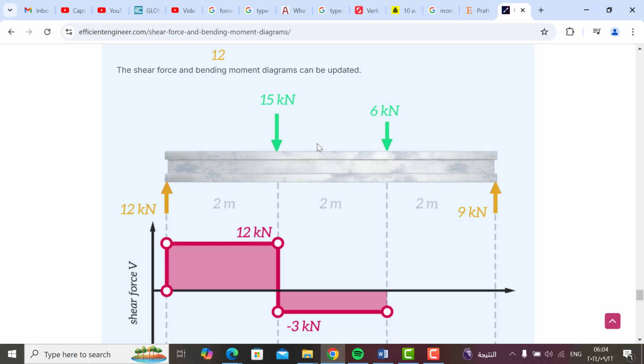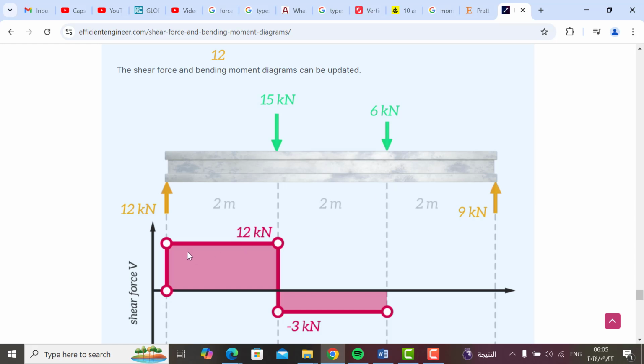Okay, so the bending will go down because this is a slope. So we calculate here at this point 3 kilonewton until here. So we will calculate the bending here. So we have 15 times 2, 30.